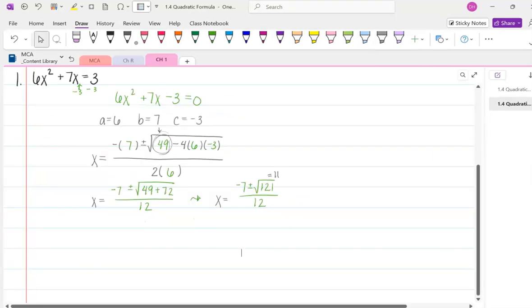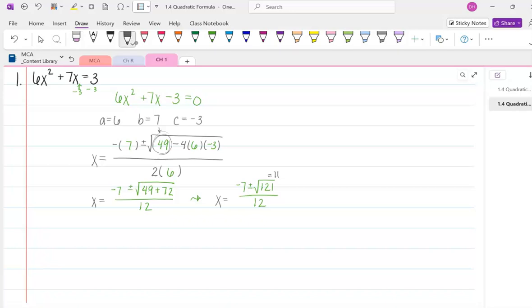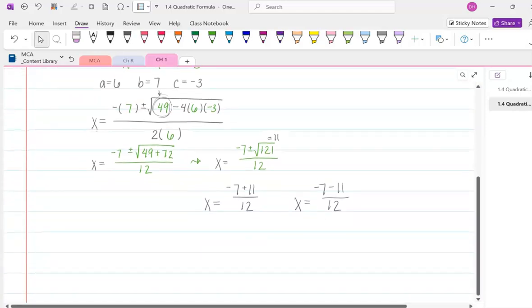So from here, we can go ahead and split up the x equals. So we've got x equals, that's going to be negative 7 plus 11 divided by 12. And then you've got x equals negative 7 minus 11 divided by 12. So you're actually going to have two separate answers.